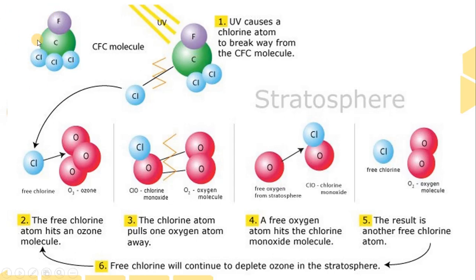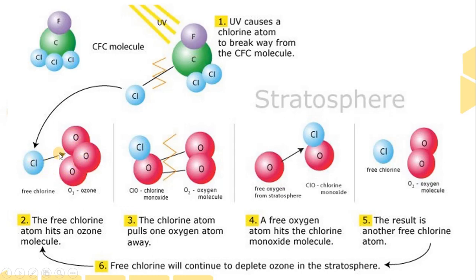As UV rays cause the chlorine atom to break away from the molecule, there is now a free chlorine atom. This free chlorine, energized by UV rays, can disrupt the ozone molecule, which is a triatomic molecule of three oxygen atoms.